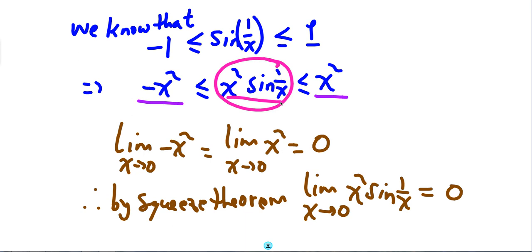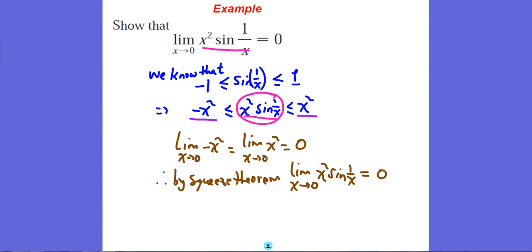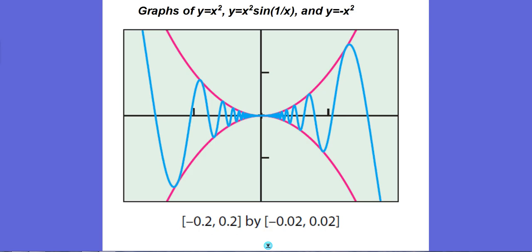So how does it look? If we draw the graph of y equals negative x squared, y equals x squared, and y equals x squared sine 1 over x, we'll have something like this. You see here, this is y equals x squared. And here is y equals negative x squared.